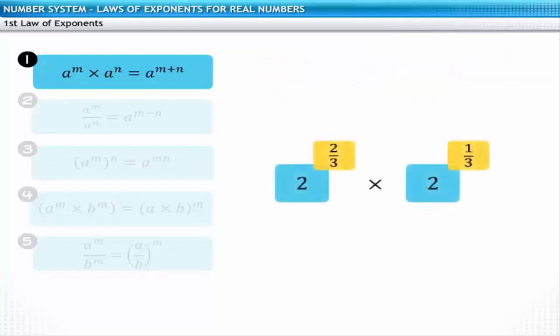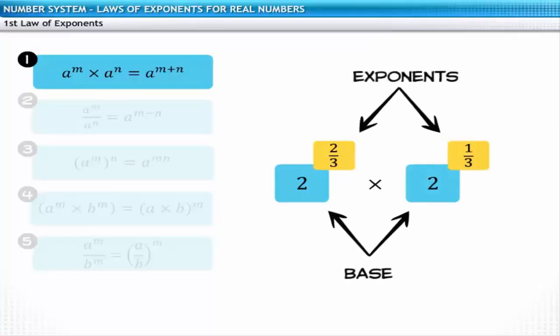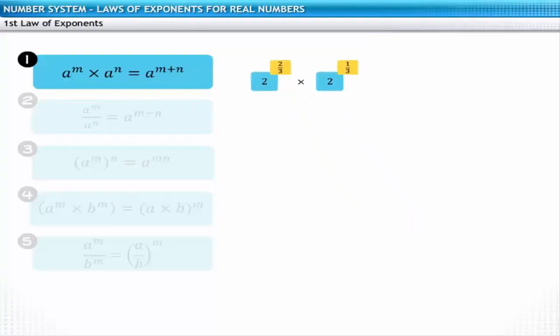Let's consider another example. Here, we have two terms with the same base 2 and with exponents 2 upon 3 and 1 upon 3. Now, let's simplify it.